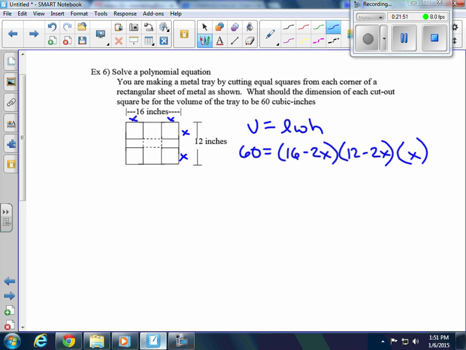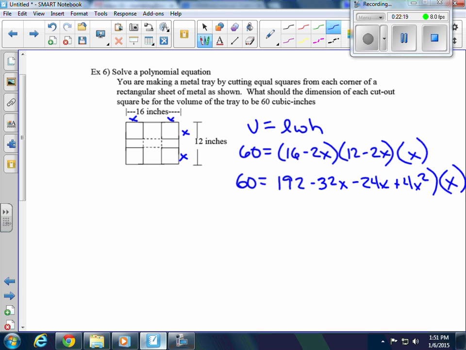So now what we're going to do is multiply all these. And so I'm going to have 60 equals 192 minus 32x minus 32x minus 24x plus 4x squared, and then times x.